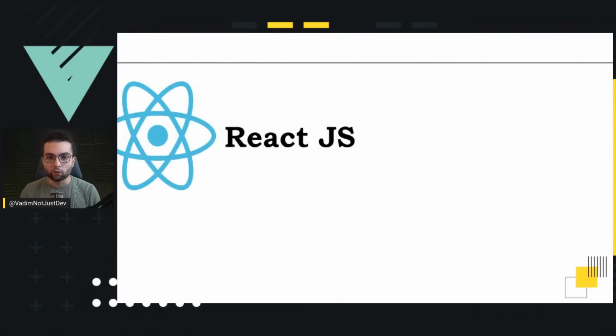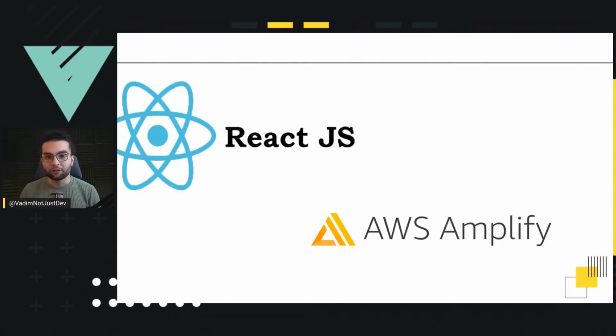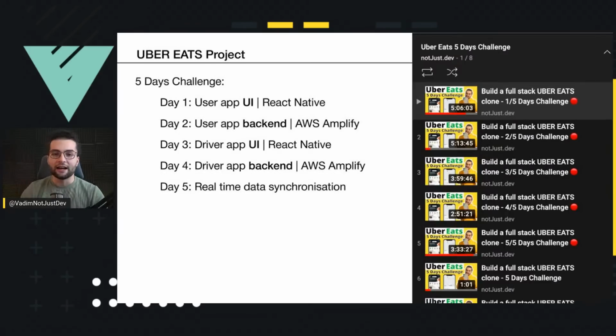We're going to do it with ReactJS and AWS Amplify. This is a great opportunity for you to get started with these technologies and to be able to build web applications.